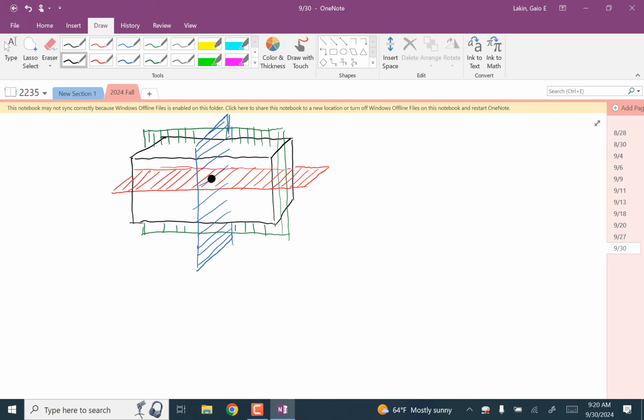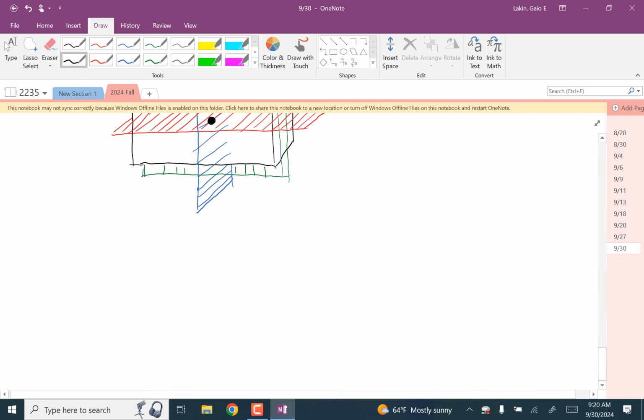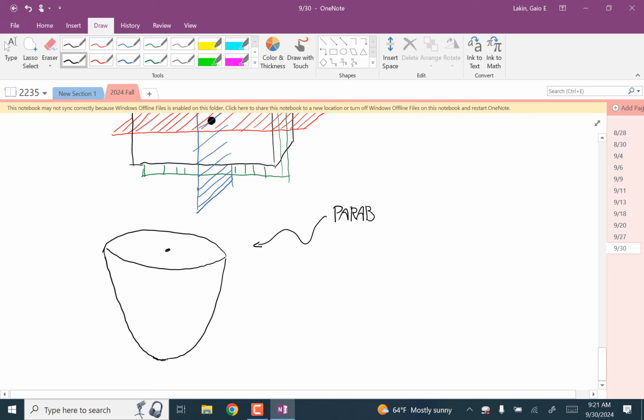Okay, what if you had a paraboloid? So something that projected onto any plane was a parabola. Okay, well, you can find planes of symmetry this way and this way, infinitely many like that.